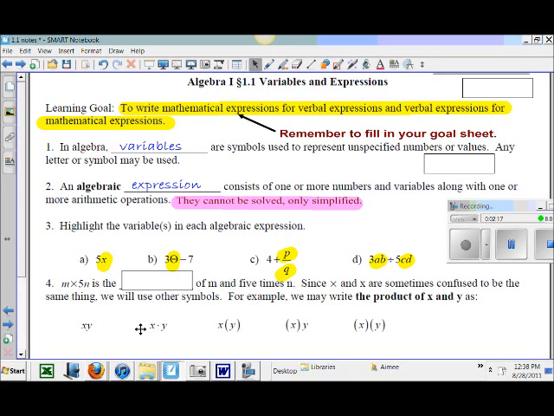Then in number 4, we have m times 5n, the product of 5m and the product of m and 5 times n. You'll notice that the multiplication symbol you first learned, the little x, and the letter x could easily be confused.